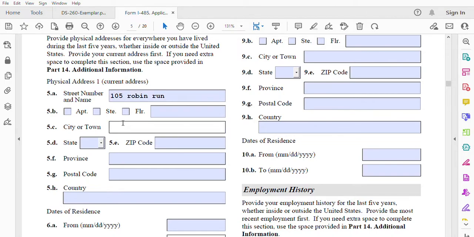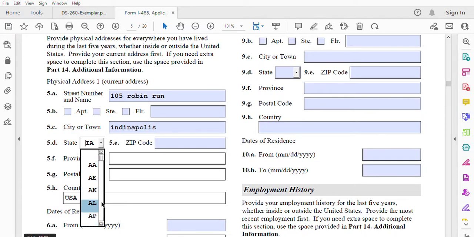It's Indianapolis, Indiana. Zip code is 46221. The country is USA. Date, that's the date you entered the United States, 1/1/2023 to present.